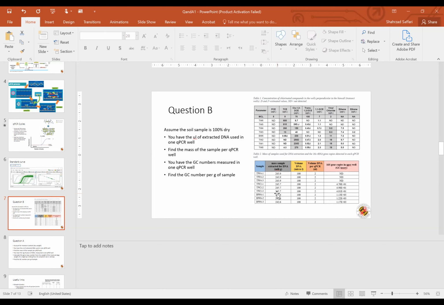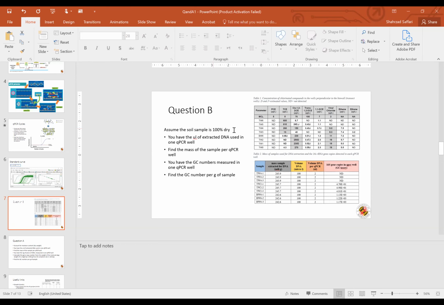So you had 250 milligram of soil, extracted 100 microliter of DNA, used 2 microliter to do qPCR. You basically just have to back calculate and find out how many gene copy numbers of that piece of gene we had in our original soil sample, per gram of soil sample.